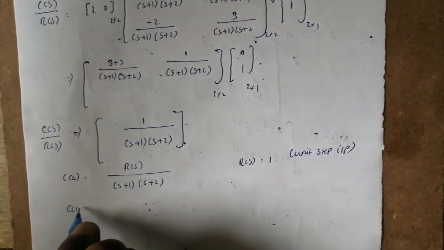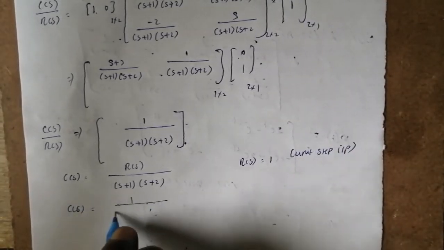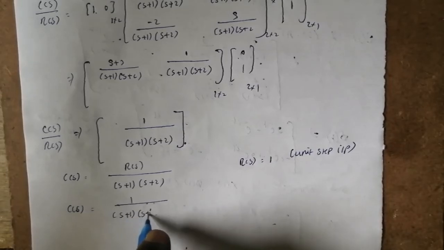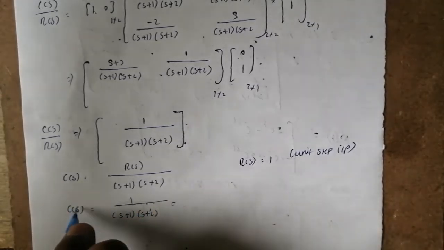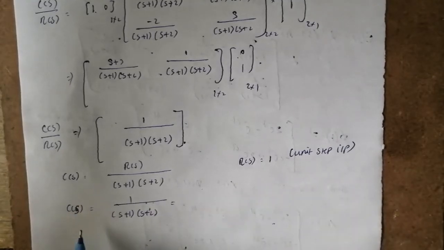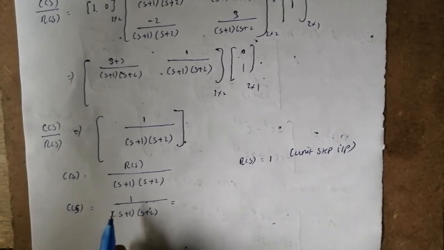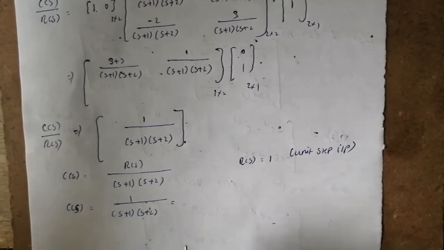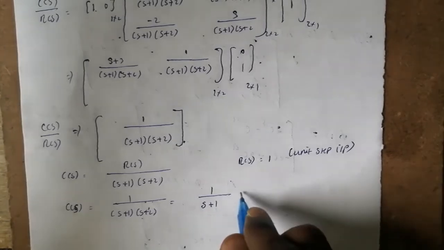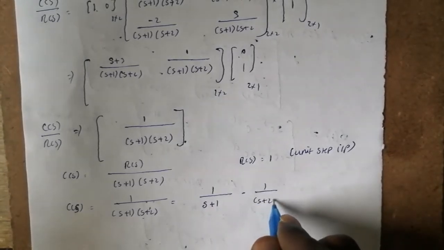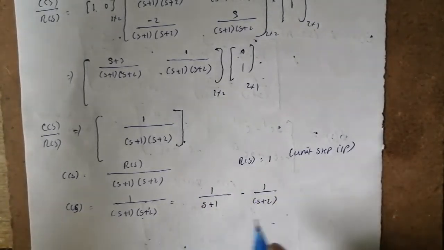Now C(s) becomes 1 divided by s(s plus 1)(s plus 2). To find c(t), you have to convert this C(s) into c(t) by applying the inverse Laplace transform, but here it isn't directly possible, so we have to apply partial fractions. We already found the partial fraction for this term: 1 divided by (s plus 1) minus 1 divided by (s plus 2). So this is C(s).